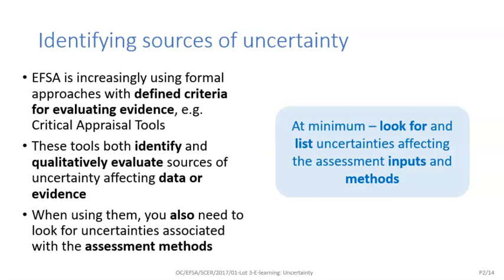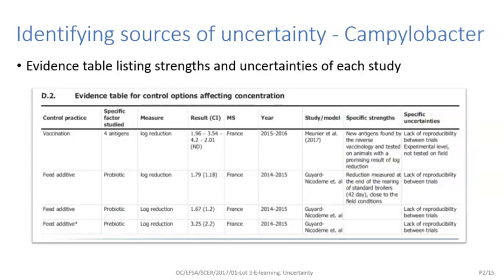If you're not using formal tools for evidence appraisal, then at minimum look for and list uncertainties affecting the assessment inputs and methods. The Campylobacter opinion goes beyond a simple list of uncertainties.